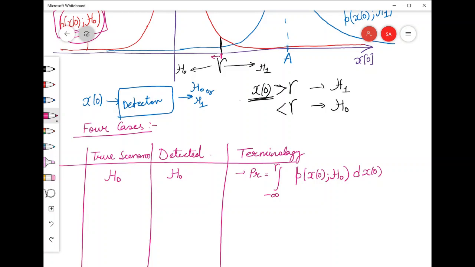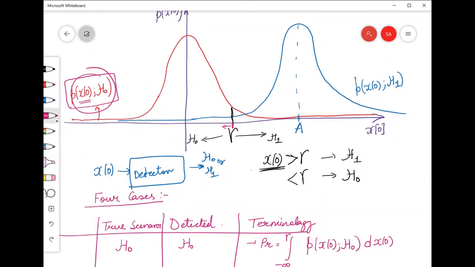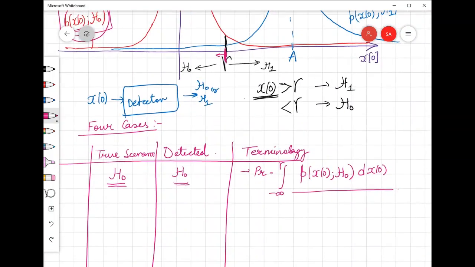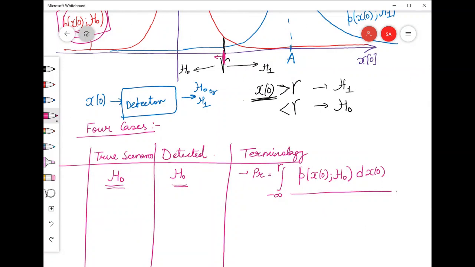So if there was only noise present in the signal, then your hypothesis 0 is correct, and you will detect the H0 hypothesis when you get your x0 to be less than gamma. And what is that probability? That probability is given by this expression here. The other option could be your x0 is greater than gamma, and then in that case you will detect it to be H1.